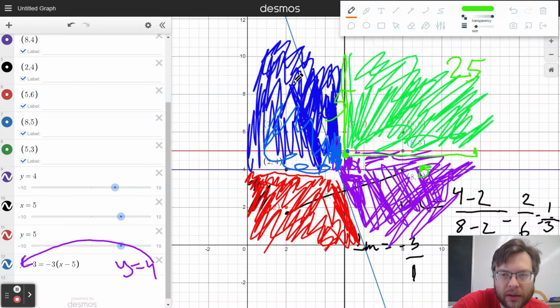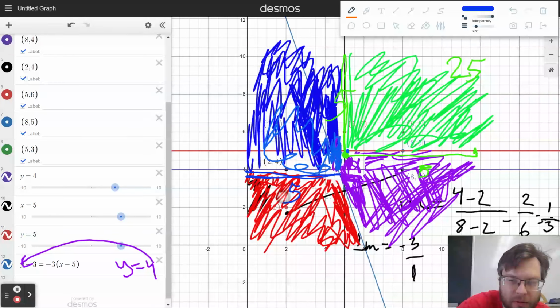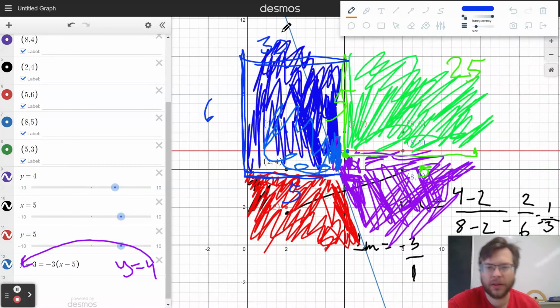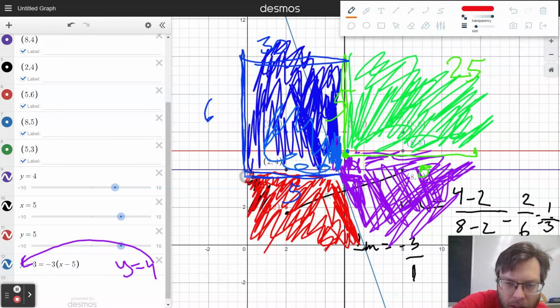The blue area goes 5 steps over, and it goes 6 steps up, so that makes 30. Then the red area we can split up into a rectangle and then this triangle here.